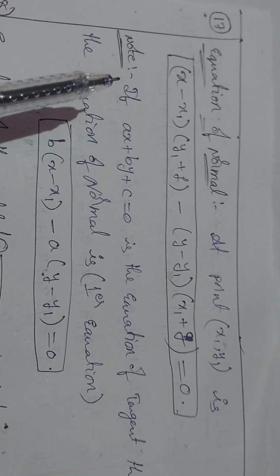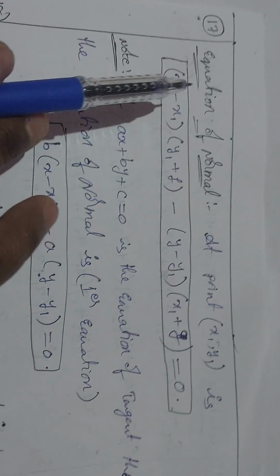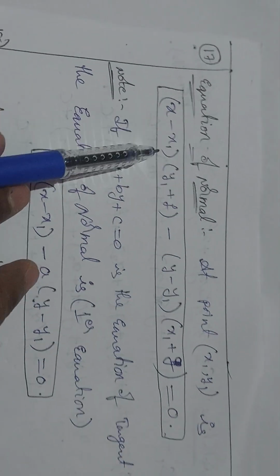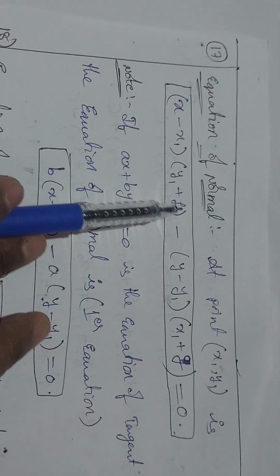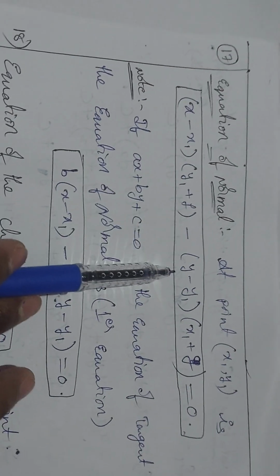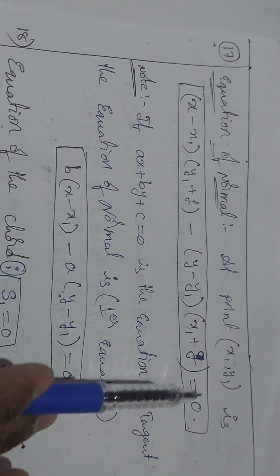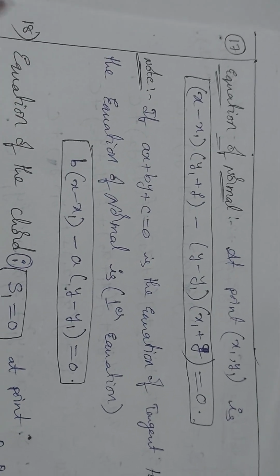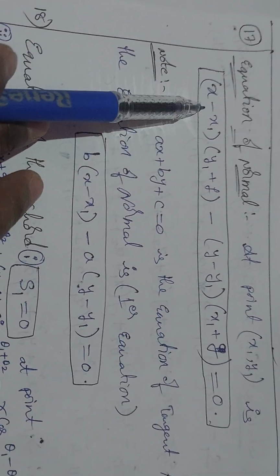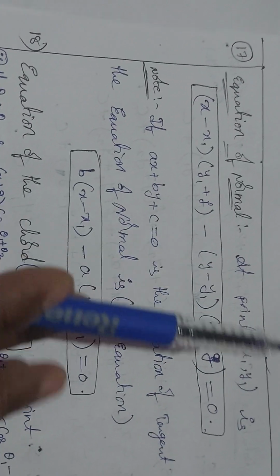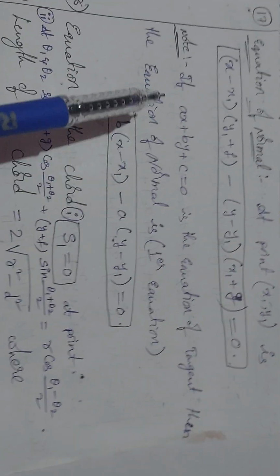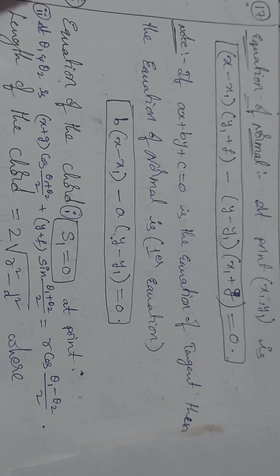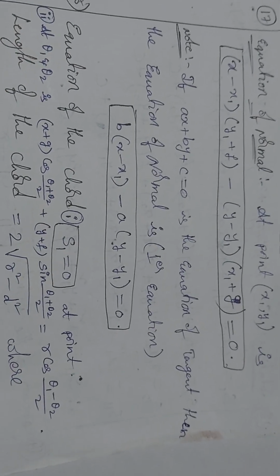Next, obviously after the tangent the normal will come. Equation of the normal at a point: the formula is (x minus x1)(y1 plus f) minus (y minus y1)(x1 plus g) equals 0. Normal means perpendicular, something different, so x goes along with y, y along with x. If a line is a tangent, then find the normal.